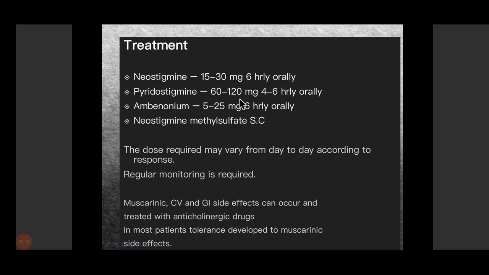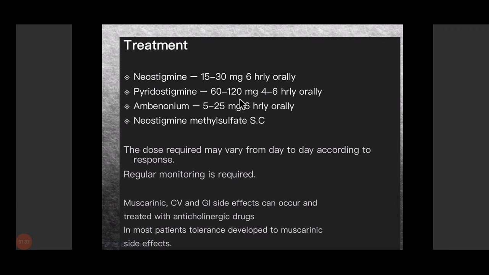Treatment of myasthenia gravis can be done with neostigmine, because it is a polar anticholinesterase. It is given as 15 to 30 milligram IV 6 hourly. Or pyridostigmine or ambenonium, any of these can be given.